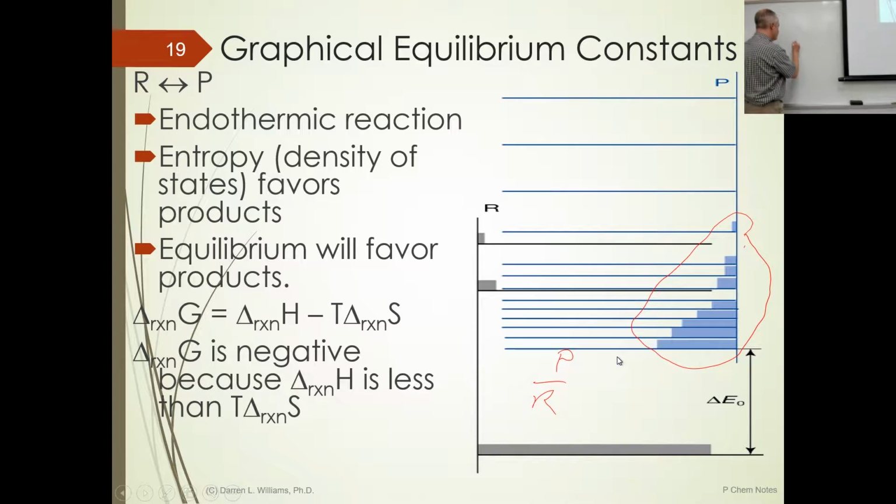Delta G is equal to delta H minus T delta S. A positive change in entropy, so more disorder, lowers delta G. And if you have a negative delta H, an exothermic reaction, that lowers delta G too. So that's a beautiful spontaneous reaction.